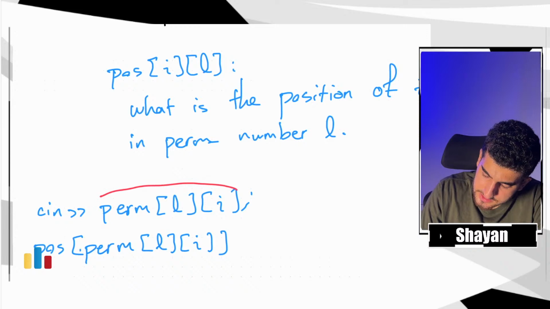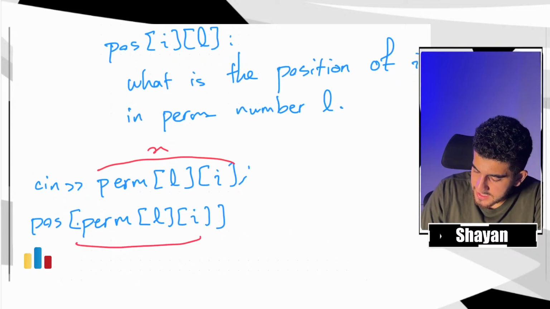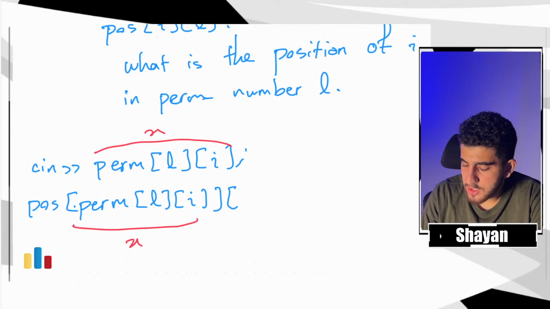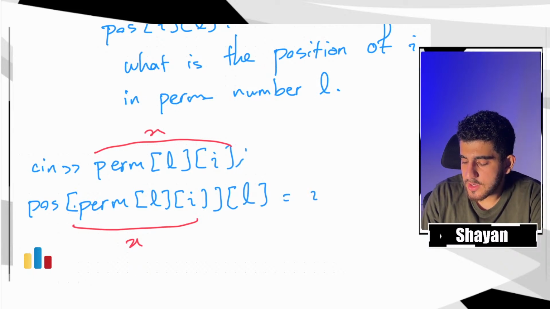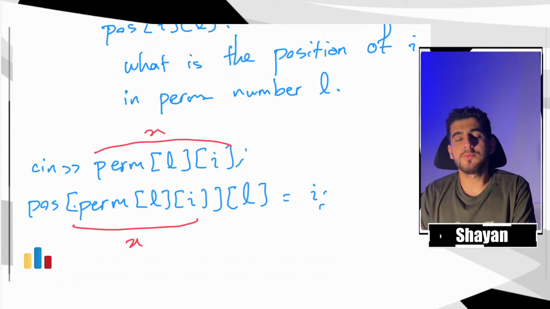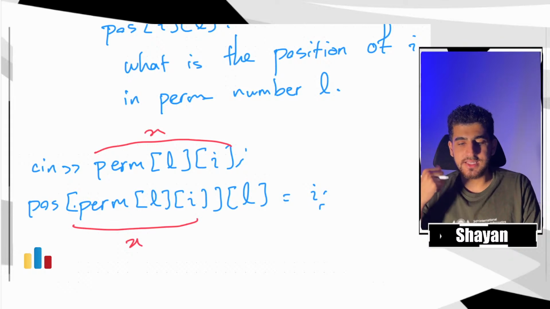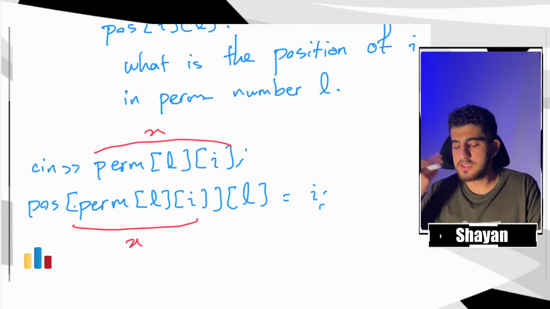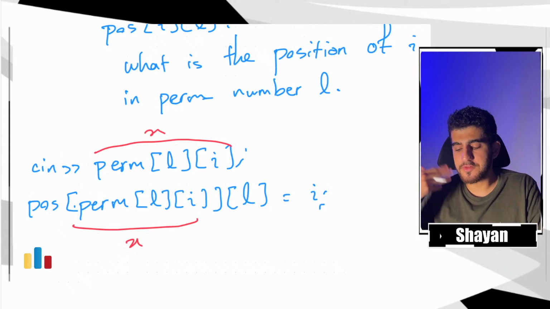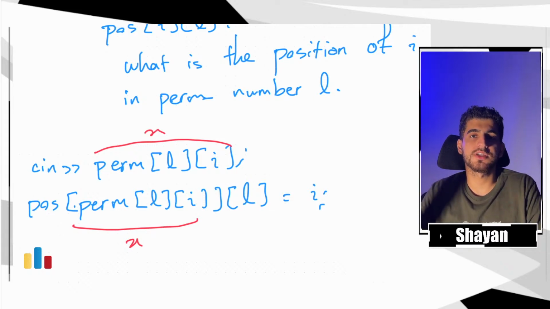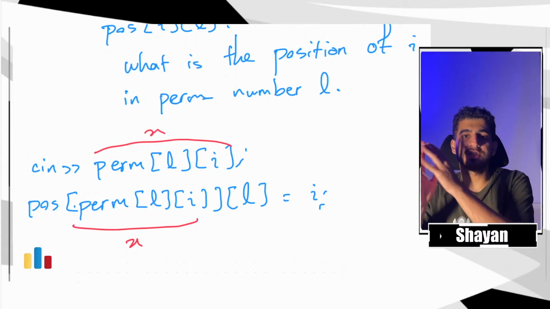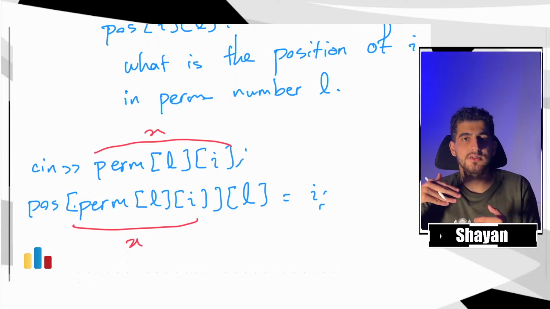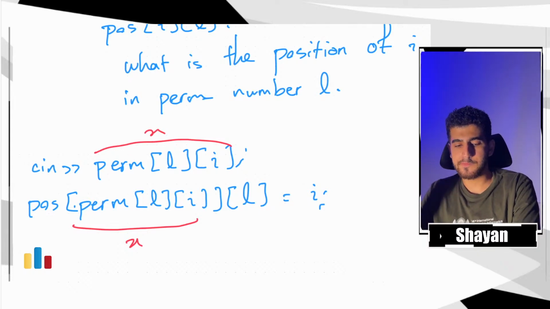The position of this x in permutation number L is equal to I. So after getting all the input, I can easily find the positions of all the elements in all the permutations. I know the position of each element in each permutation.